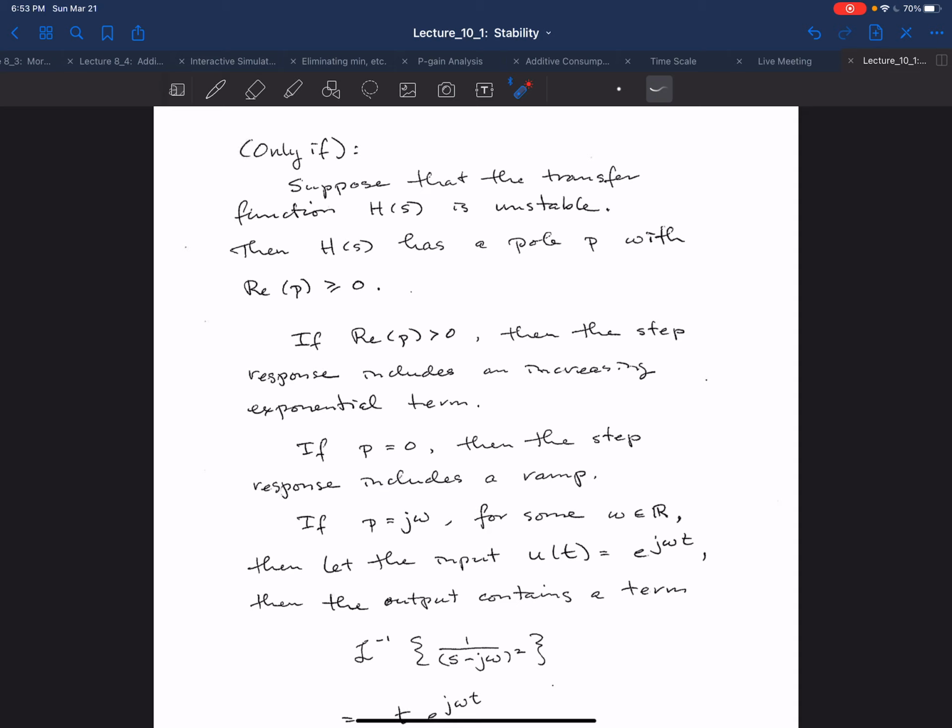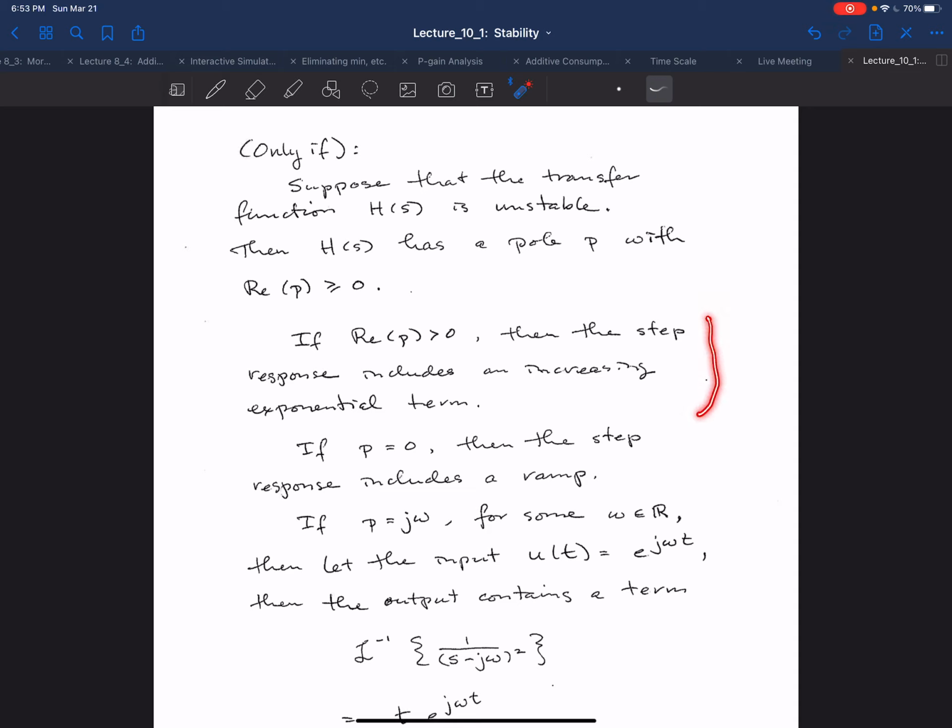So let's suppose, first of all, that the system is BIBO stable, but the transfer function is unstable. If the transfer function is unstable, what does that mean? That means it has a pole whose real part is non-negative, greater than or equal to 0.